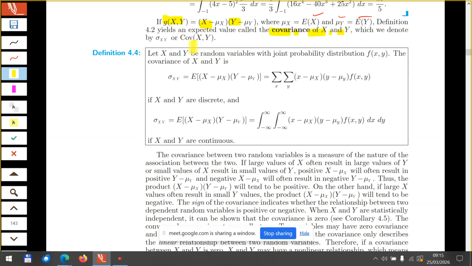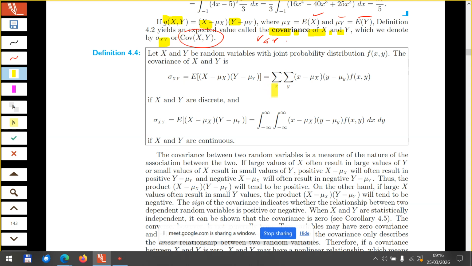You can denote it as COV of x comma y, just like VAR, and the other notation is sigma xy. I have seen some books writing a square there, but I don't. We can stick with this notation. More important is x and y together.